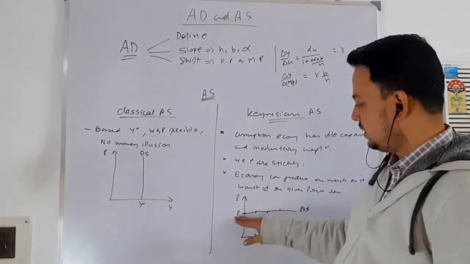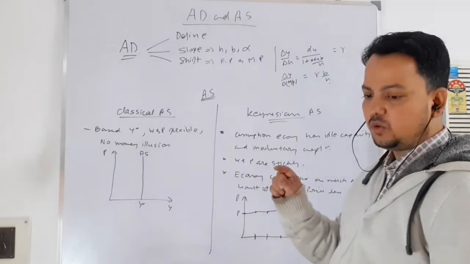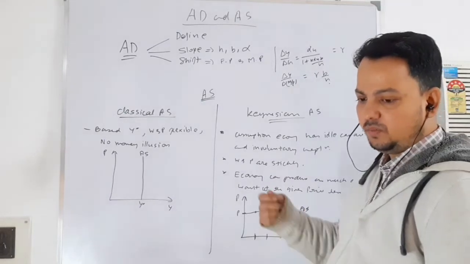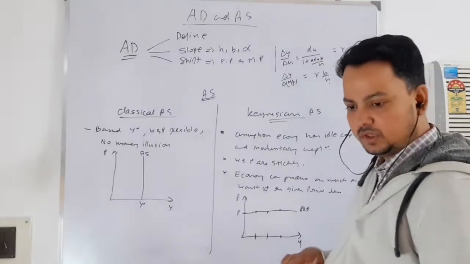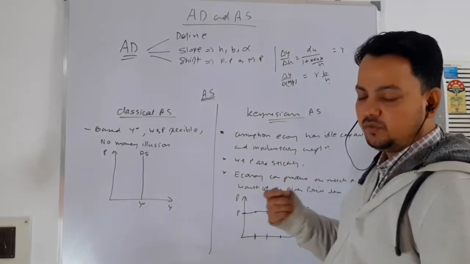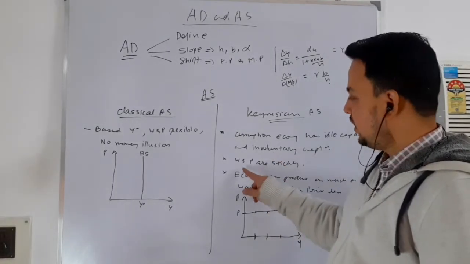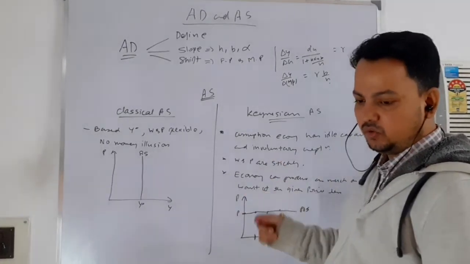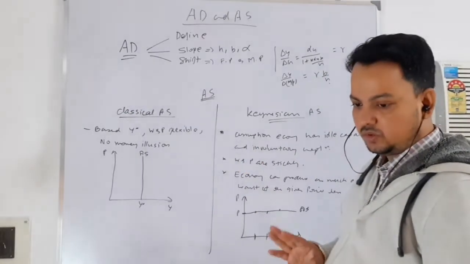In the Keynesian case, we are talking about a recession period. The economy is going through recession. We are talking about the short term. In the short term, firms have idle capacity. We are talking about involuntary unemployment. Workers are willing to work, but they are not getting work. Wages are sticky because you have trade unions and government minimum wages, so wages are not going to come down in the short term.